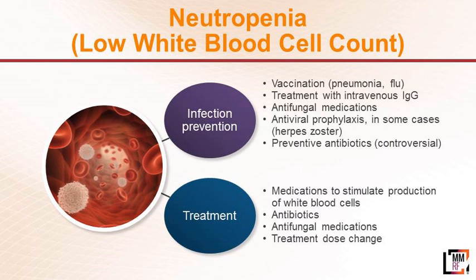We can treat infections with antibiotics. We can also treat fungal infections with antifungals. And then again, sometimes we just need to decrease the dose or decrease the frequency or give a little bit of a break to allow for the neutrophils to increase back in number.